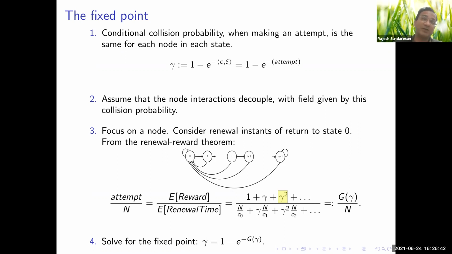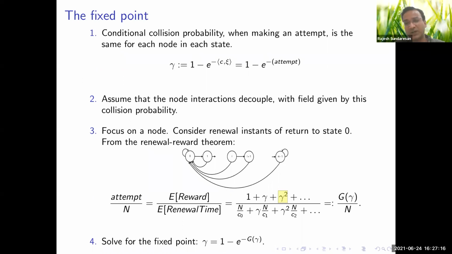You can check, for example, how many times you see a high energy in the system, and you can focus on one particular node and see how many times it collides, and that is an observable. Similarly, the number of attempts by looking at the energy is also something that you can measure. So these are consistency conditions that relate some macroscopic observables, and that gives us a simple way to analyze the system. So that's the first point that I would like to make.